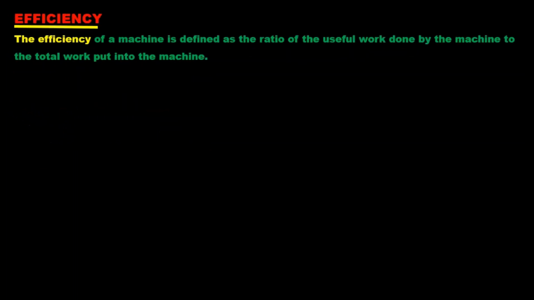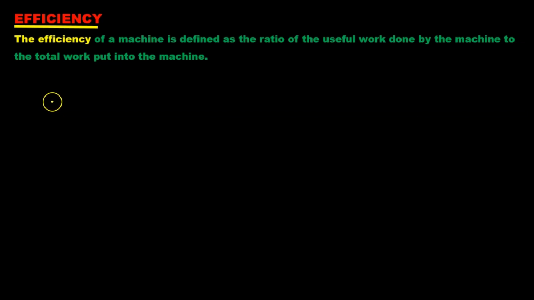Now the other term that we can look at at this point is efficiency. What is efficiency? You are going to come across different definitions of efficiency as we go on with the study of physics and different topics, but let us narrow it down to simple machines.